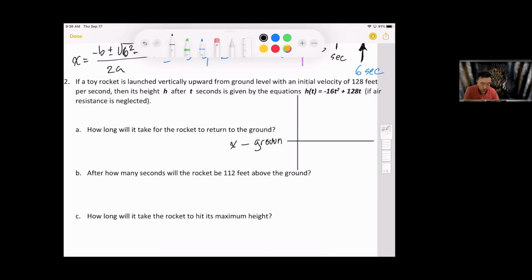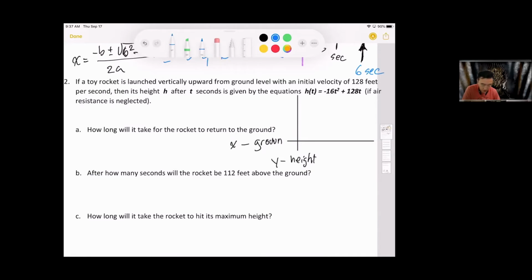And again, it's launched vertically upward, initial velocity. And so what is the Y in this case? The Y is the height again. 0. Yeah, so it's starting from 0, right? And initial velocity is 125 feet per second.